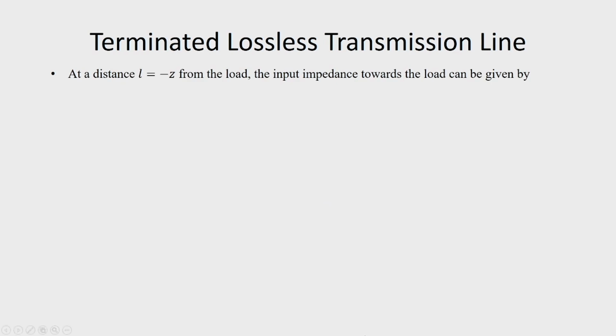So, at a distance L is equal to minus z from the load, the input impedance towards the load is given by, if we substitute V with z is equal to minus L and then we take the ratio of voltage at z is equal to minus L and current at z is equal to minus L, then we get this expression.